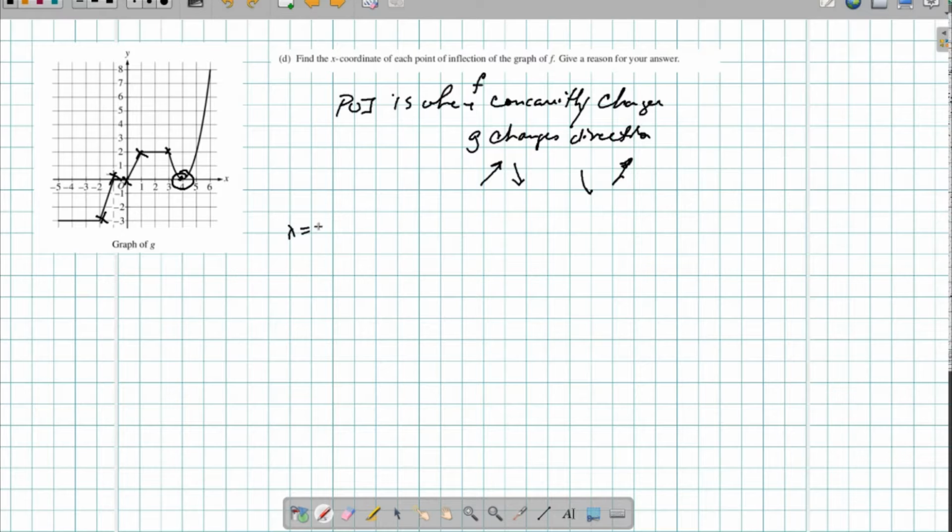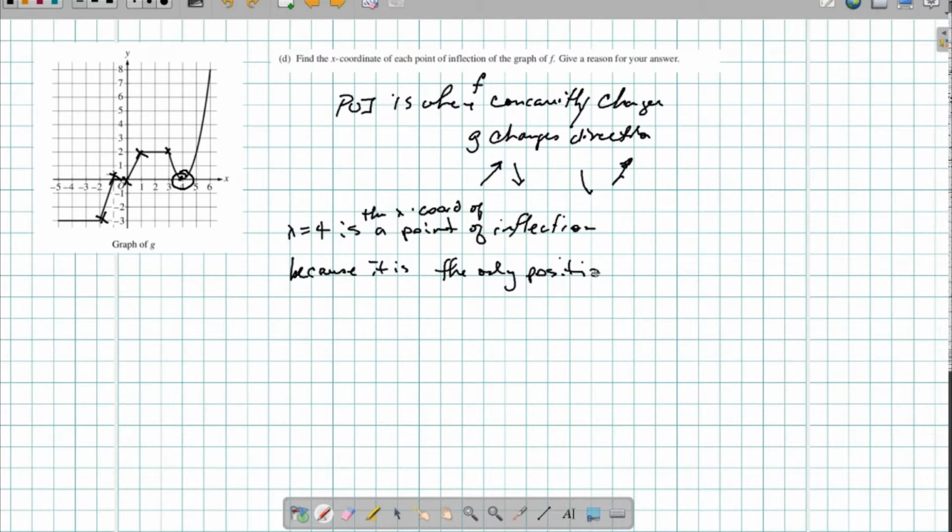So I could say that x equals 4 is a point of inflection, or is the x-coordinate of a point of inflection, because it is the only position where g changes from increasing to decreasing, or vice versa.